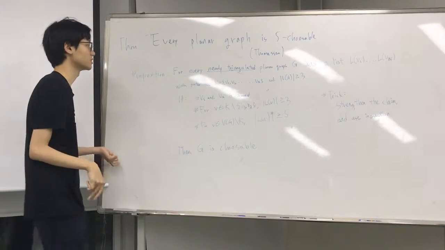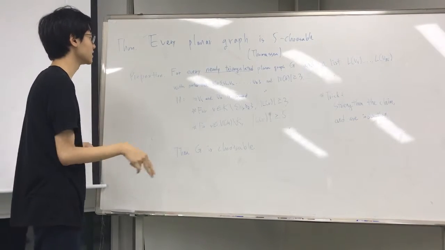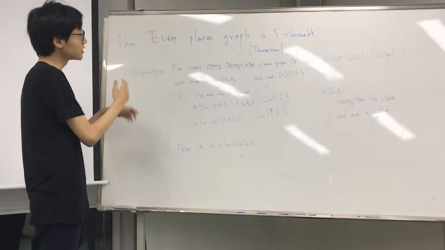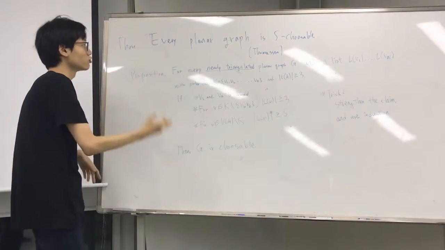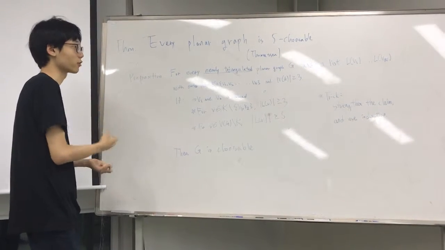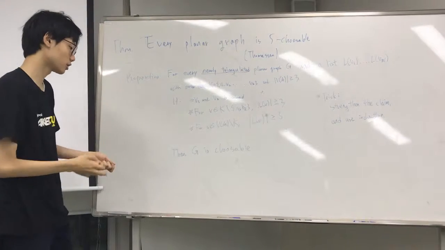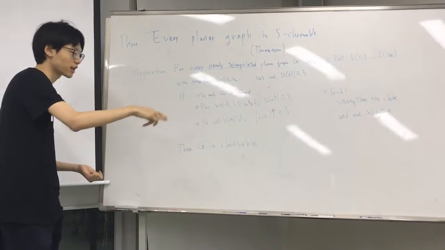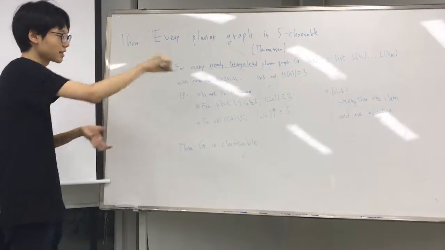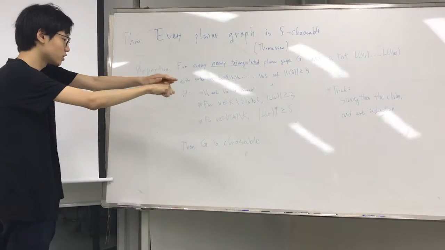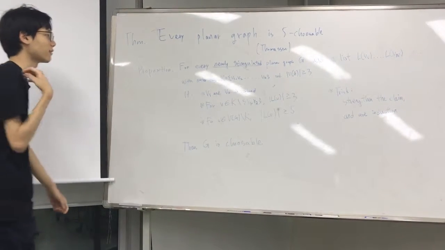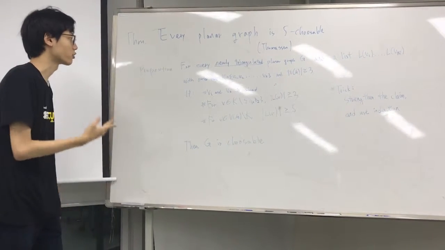So if every nearly triangulated planar graph is 5-choosable, then obviously every planar graph is 5-choosable. This is because if the inner face is not a triangle, then we can just simply add edges, so that every face becomes a triangle.